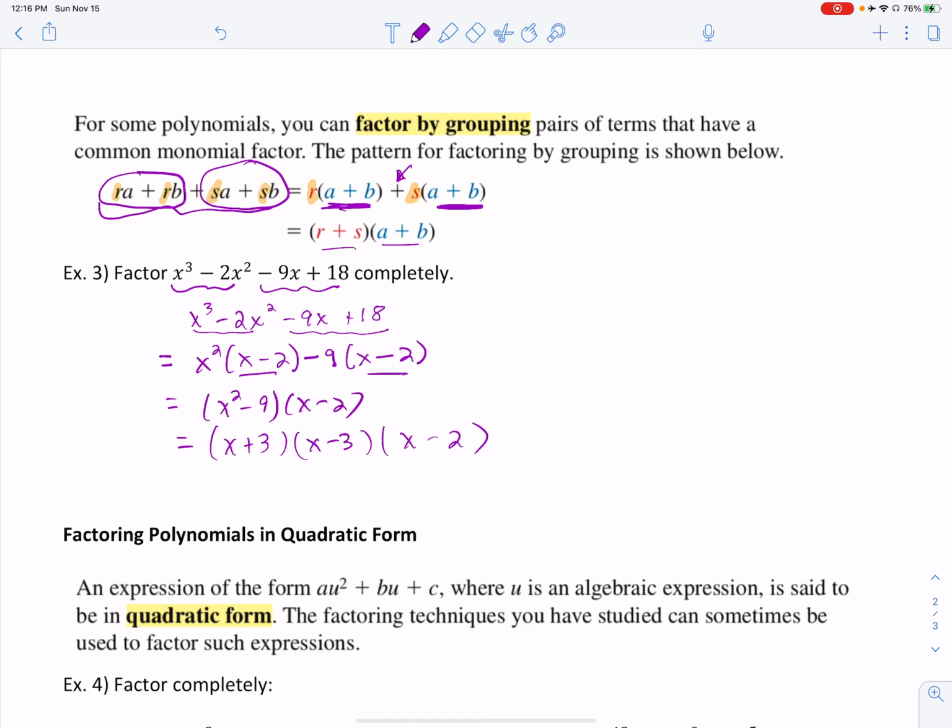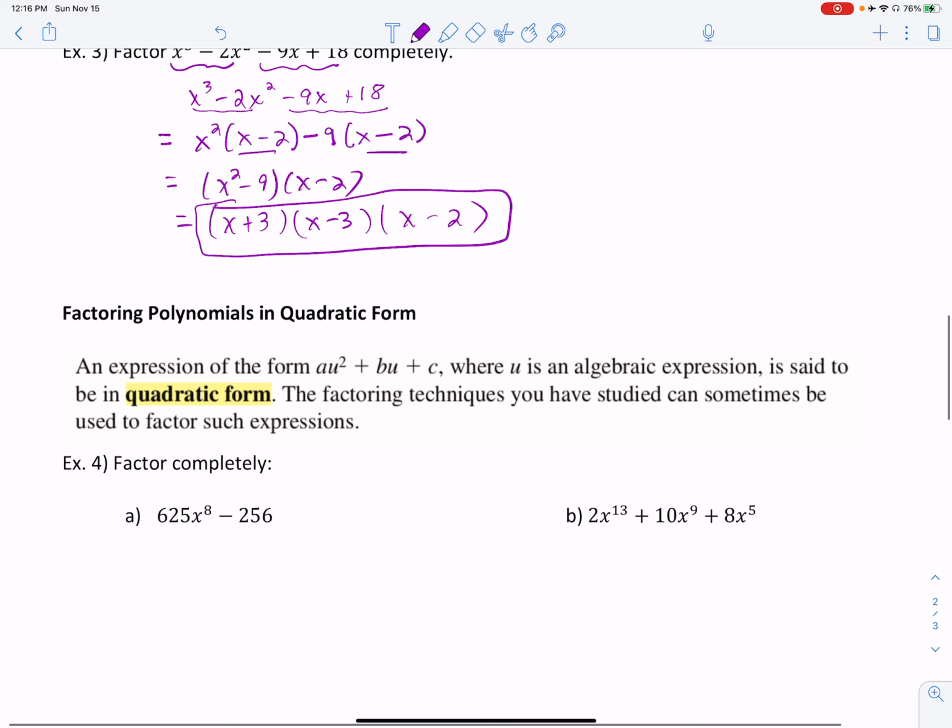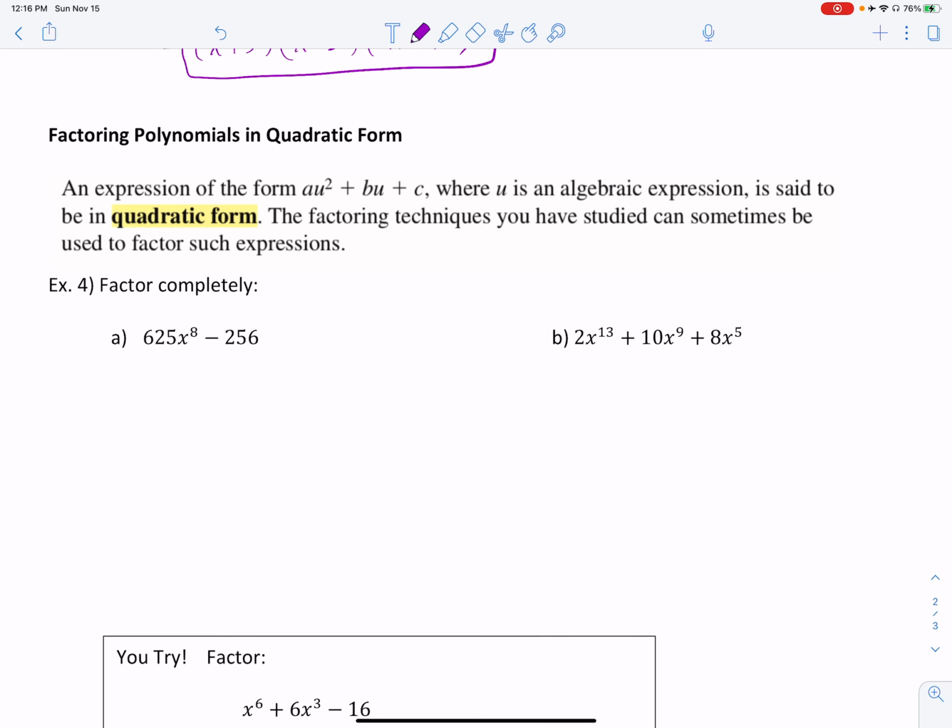Because this is a difference of squares, x squared minus 9. And that x squared minus 9 factors x plus 3, x minus 3. You have to make sure you factor completely. And now we factor completely.